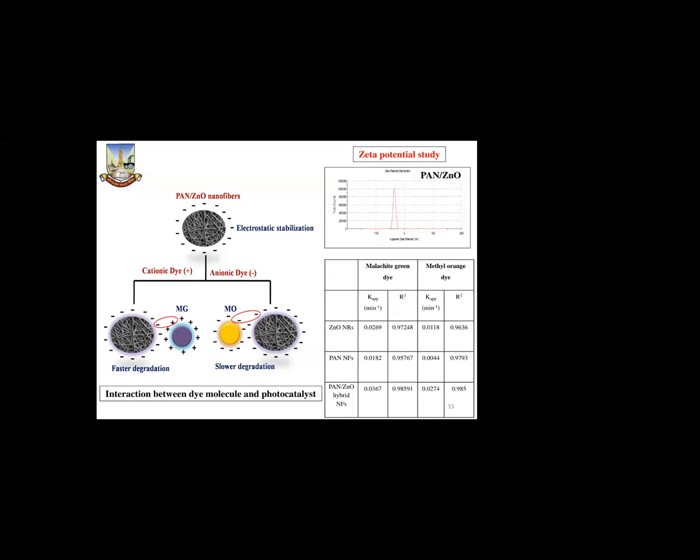We have done a comparative study. People have used PAN zinc oxide nanofiber and studied it with methyl orange. They required 10 hours, somewhere around 240 minutes, but we have used PAN zinc oxide nanofibers for malachite green and methyl orange and it shows 200 minutes and 280 minutes only.